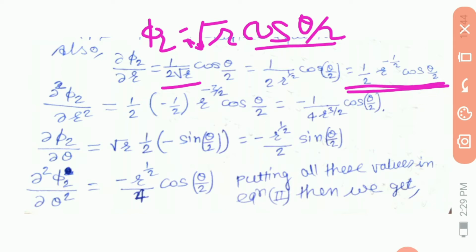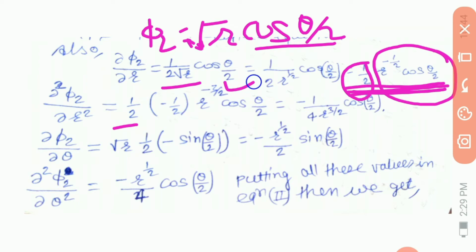So again differentiate this with respect to r. So that will be ∂²φ2/∂r². So 1 by 2 as it is here. So differentiate this with respect to r, that is minus 1/2 into r to the power minus 1/2 minus 1 is minus 3/2 into cos θ/2 as it is.